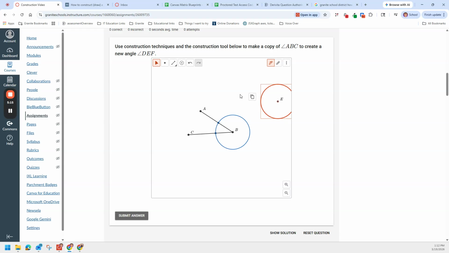And then, just like we have this point right here that's going from B to C, but it's on this circle, I'm going to create a point right there. Great. So now what I want to do is figure out this distance from this point to this point.